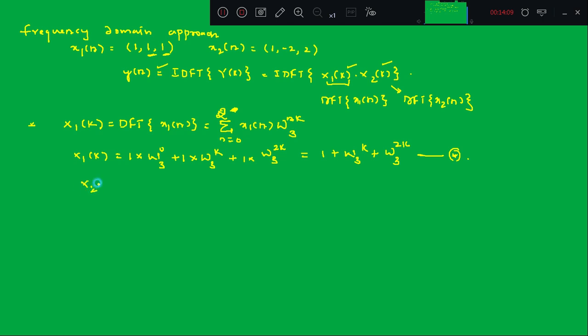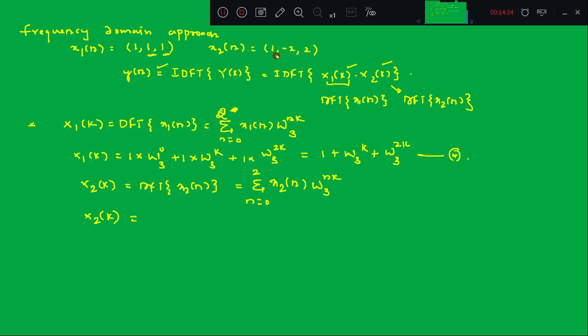Similarly you find X2 of k. So X2 of k is the DFT of x2 of n, which is equal to the summation, again n is equal to 0 to 2, x2 of n W3 raised to nk. Again you substitute starting from n is equal to 0 to 2.